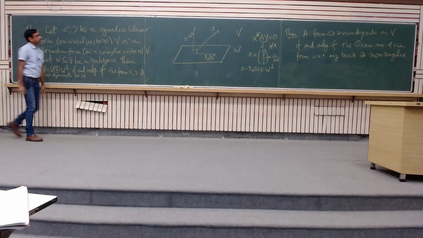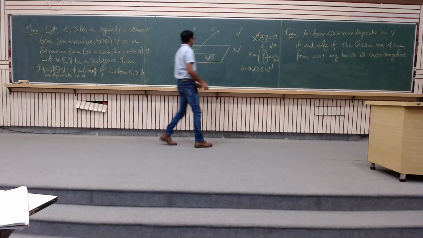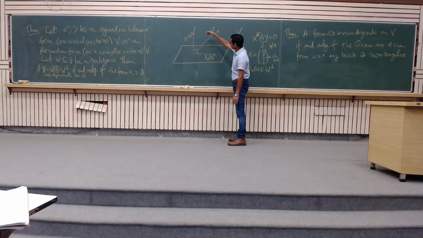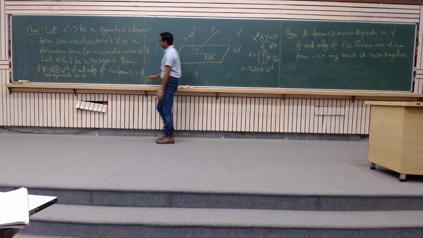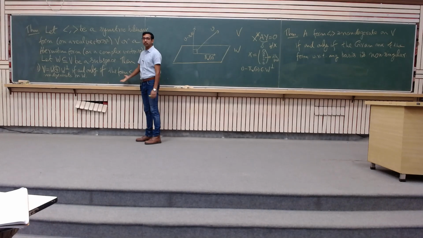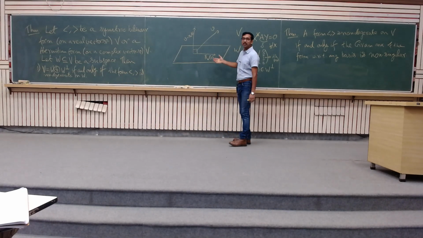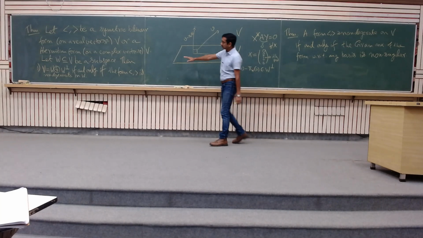That is, given V, you can write it as some part in W and some part in W perp only if the form is non-degenerate on W. So here, recall we started with an orthogonal basis and we assumed the thing is an inner product, but here it's a more general thing.